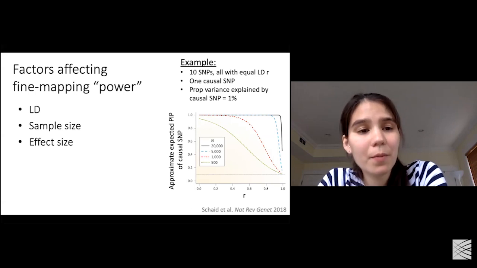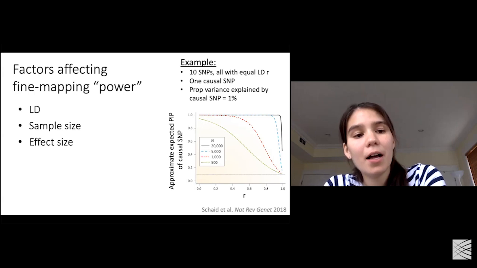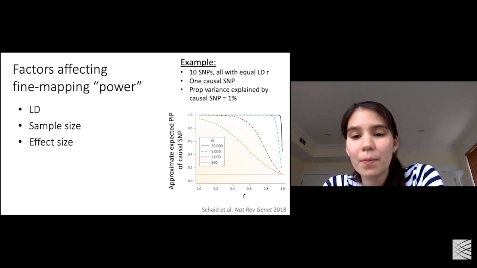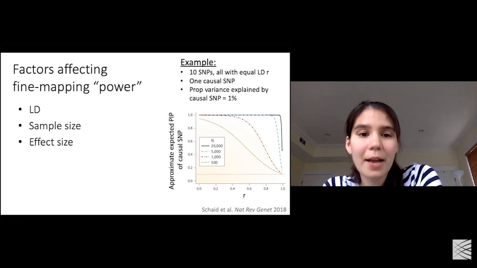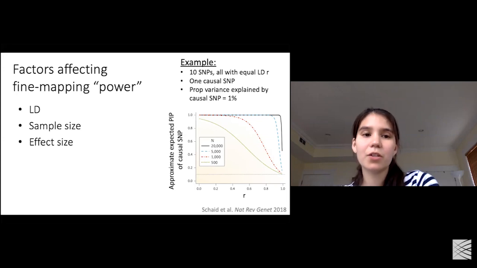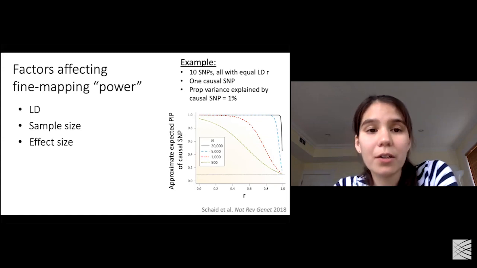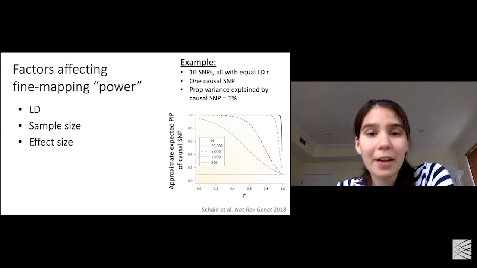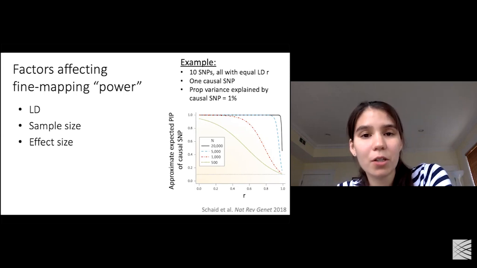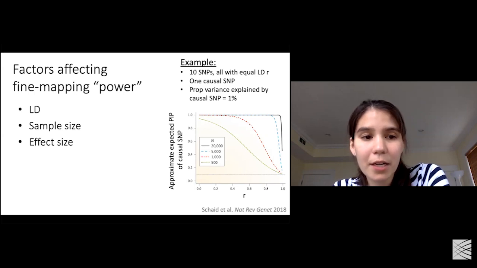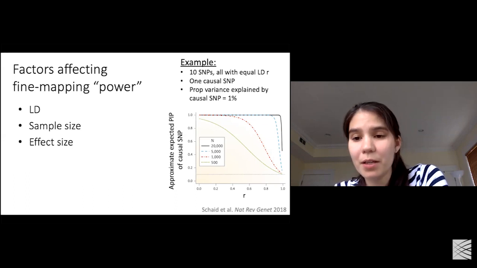And one comment I want to make here is that when we think about cross-population fine mapping, one reason that it can be particularly effective to combine information across multiple populations in fine mapping is because it changes the LD structure. So the relevant LD is related to the average LD between the two populations.